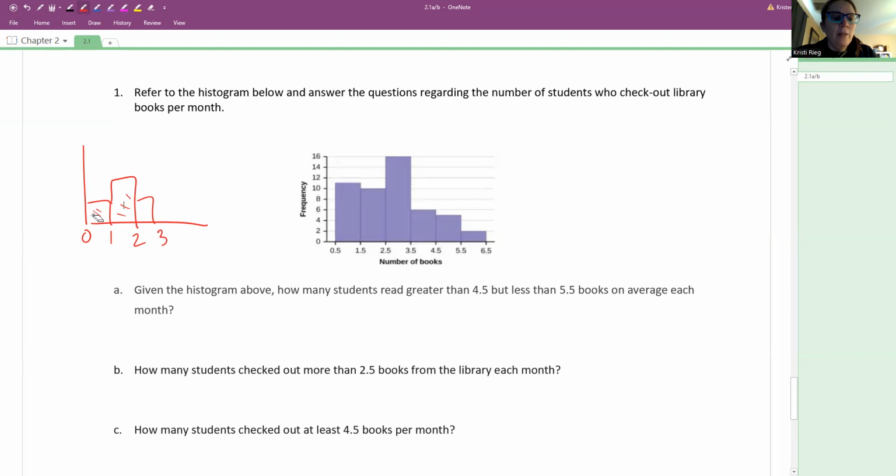A way to avoid that confusion is to have what you see here. We have a 0.5 and a 1.5. Nobody's reading half a book, but that is very clear that 1 is in the middle here. So these are all the 1s, and that 2 is in the middle here, and 3 and 4 and 5 and 6. So this box represents all of the people that read one book.